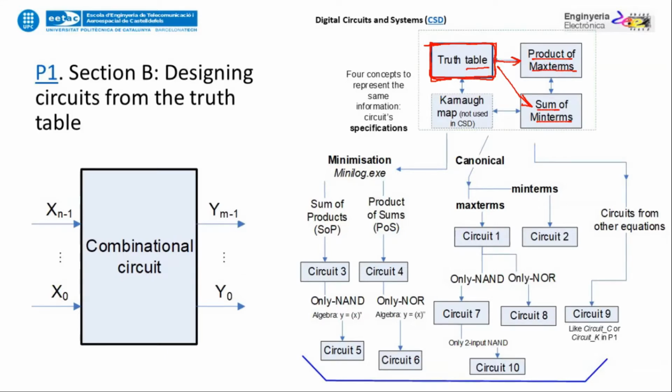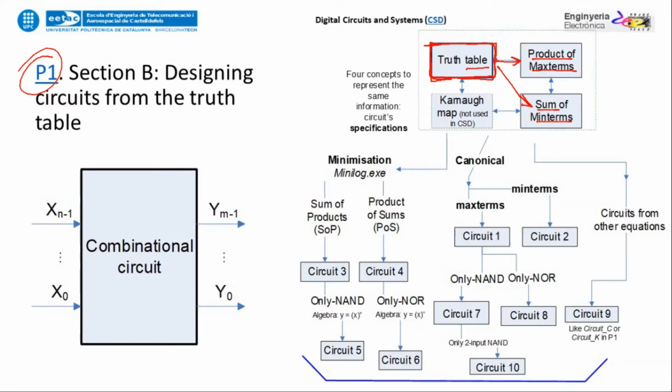We are not at that level now. We are simply trying to invent as many circuits as possible, or at least see the variety of circuits that we can invent just at the beginning of the P1 project.